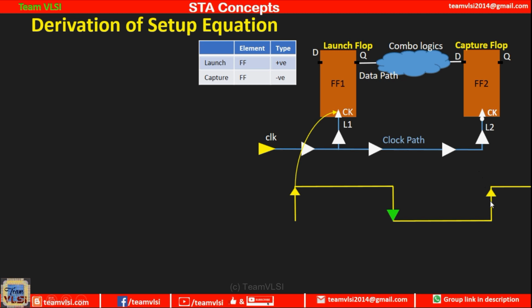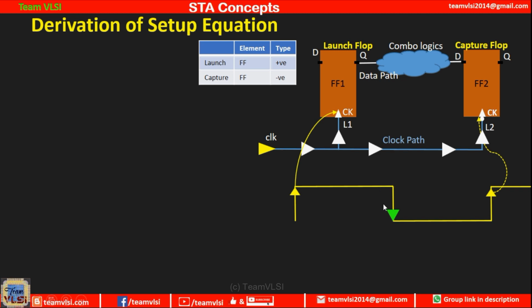But here this flop is negative edge triggered, so it will work on the negative edge of the clock. After launching the data, the next edge will be this negative edge.